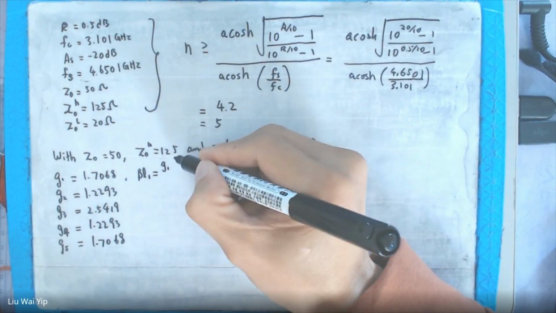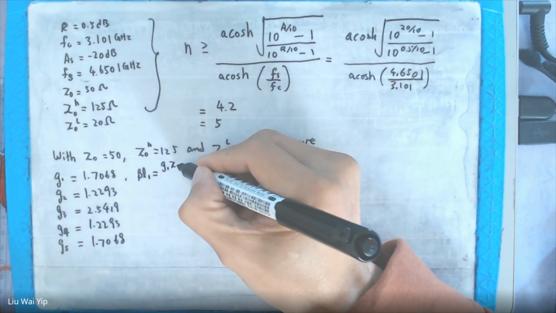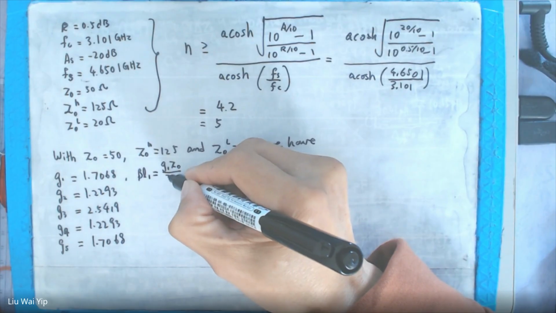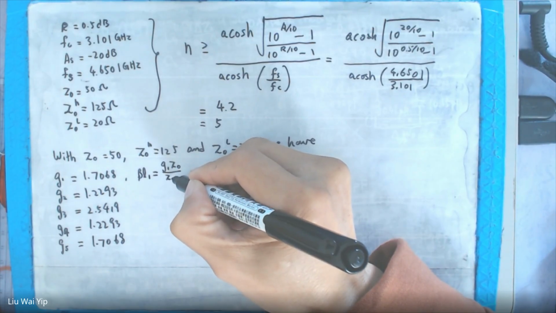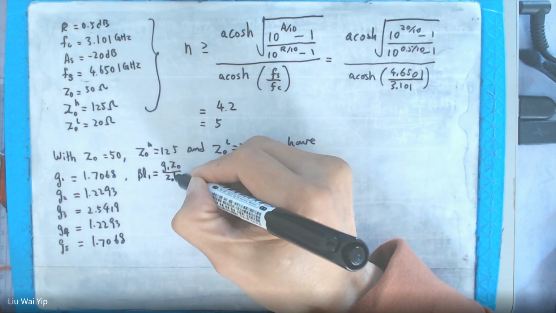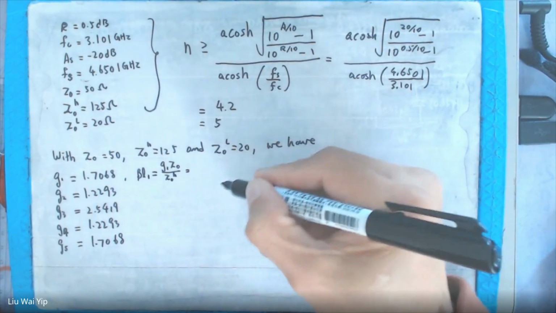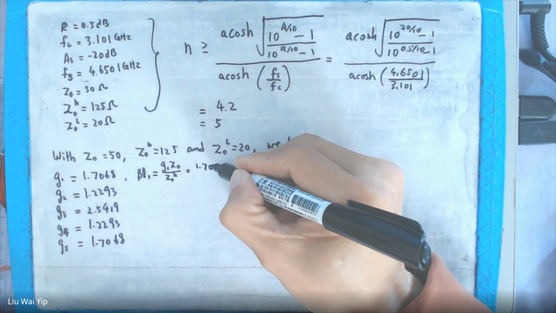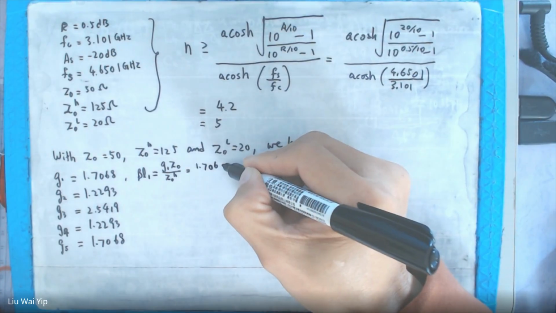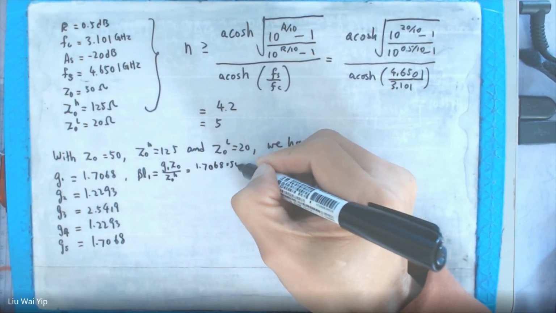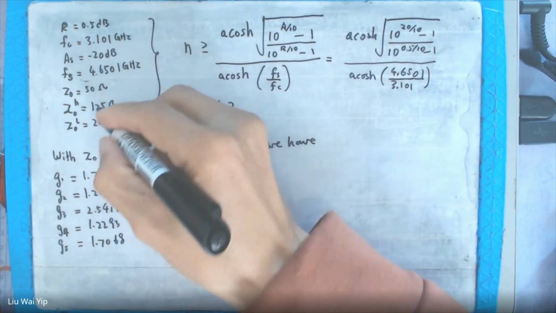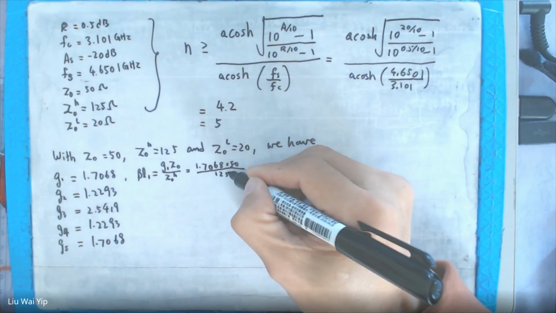The formula is here. So g1 times 20 over 125.